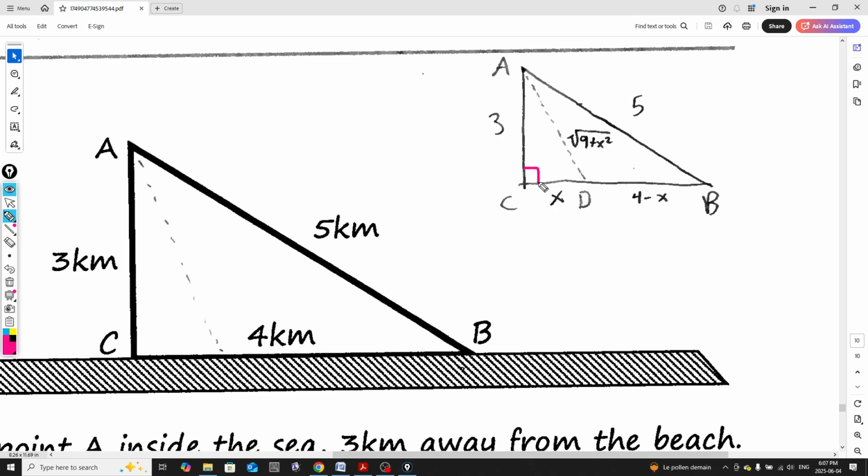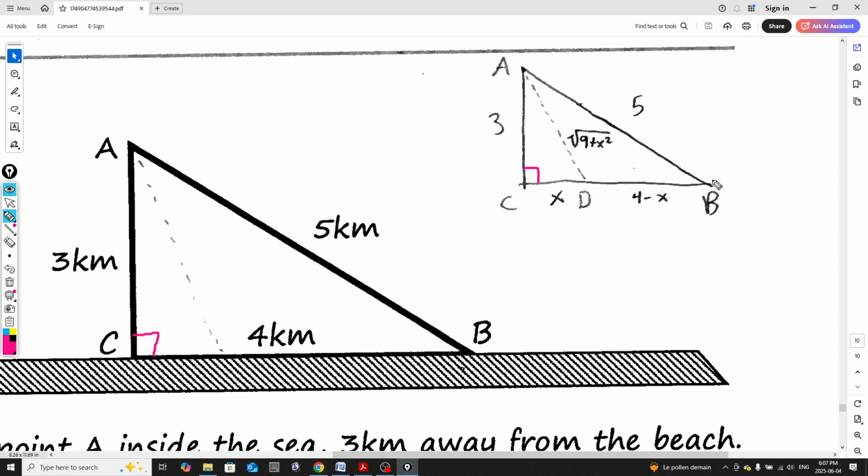I know that this triangle ACD is a right angle triangle, because AC is perpendicular to BC. So I can come up with an expression for the distance of this bit using the Pythagorean theorem: 3 squared plus x squared, and the square root of that gives me this distance.